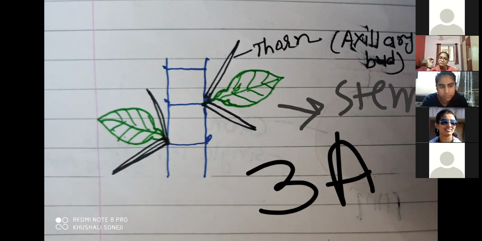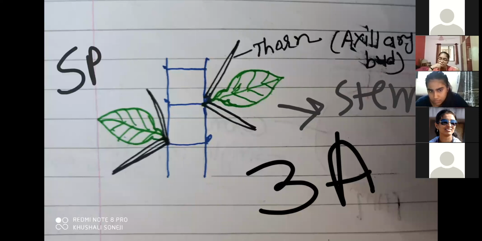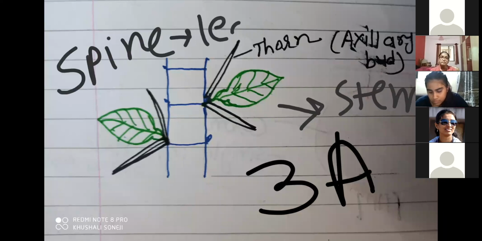You must have heard of spine. One is a thorn, the other is a spine. Both are pointed, spiny structures. But remember, thorn is a modification of a stem, whereas spine is a modification of a leaf. If a leaf terminates into a pointed structure, we call it a spine.